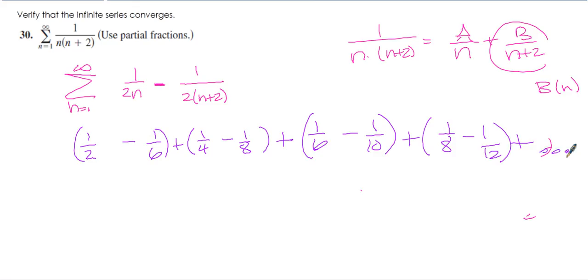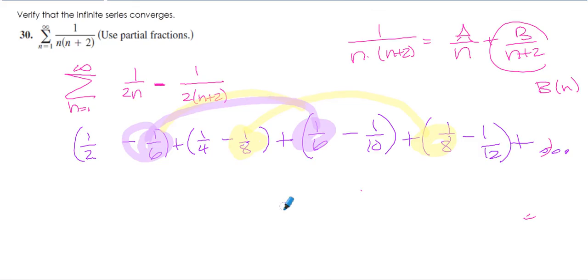So hopefully you can start to see that there are things that cancel out. It's just not consecutive terms. So this 1/6 minus 1/6 right here cancels out with this one. And this negative 1/8 here cancels out with this 1/8 over here.